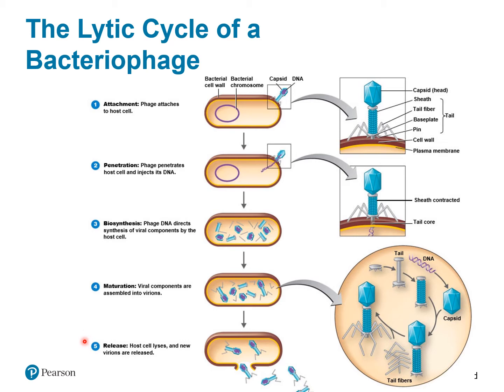And then the last step is release: the bacteriophages that have been assembled inside of the host are going to break open the bacteria, and they are going to be released, and of course that's going to cause the bacteria to die. So let's go ahead and talk about it in detail.